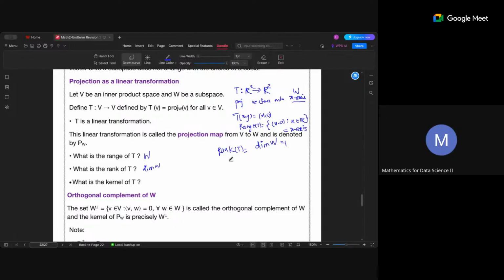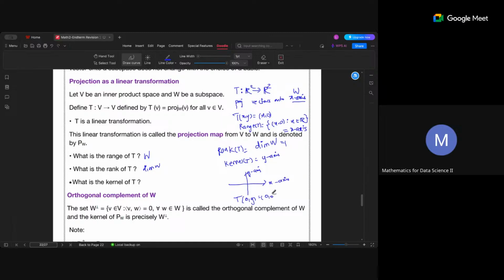And what about the kernel of T? For the kernel, you just have to look at the perpendicular space. So this is your x-axis, and your y-axis is the perpendicular line to the x-axis. So that will give you the kernel. Can you quickly verify? Take any element from the y-axis.